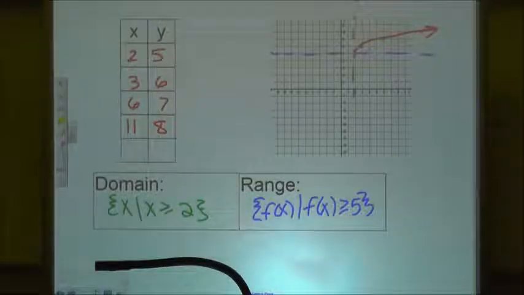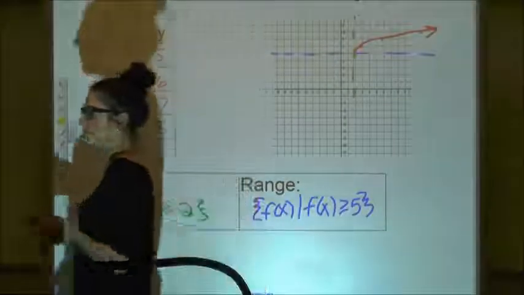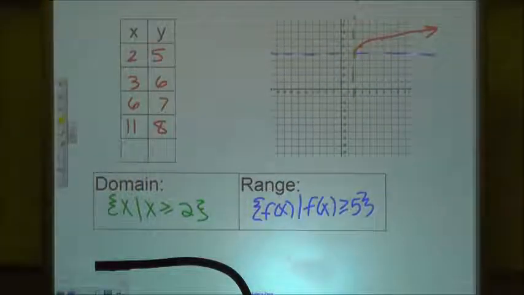Any questions? There's not a specific amount of points that you need. You're going to need at least 3 points. That way you can see how the curve is going to go. But the more points that you have, the more accurate your graph is going to be.